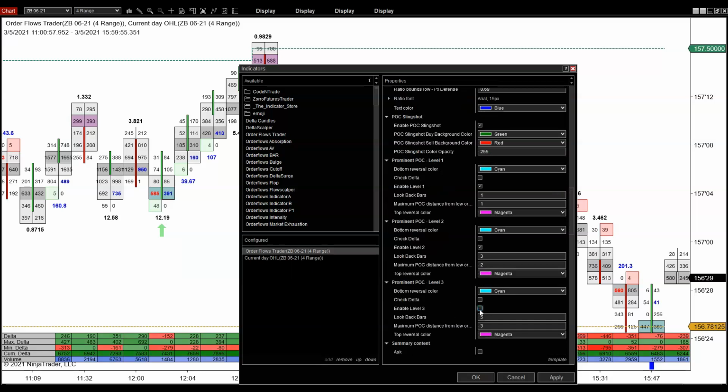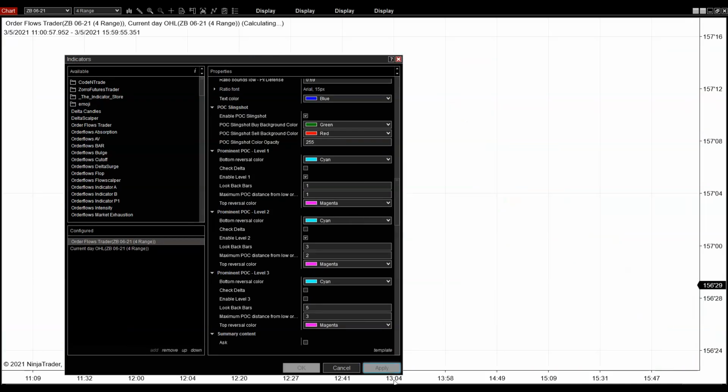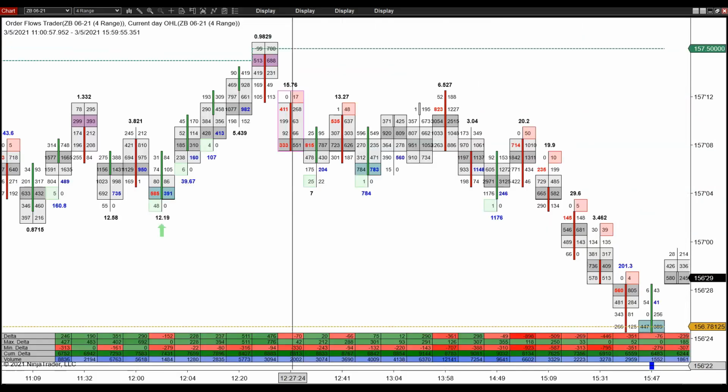I'm going to disable it because I'm just looking for prominent point of controls that appear in the top 2 or the bottom 2 levels. If I have it set to level 3 on a 4-range chart, there's only 5 price levels, so it's going to give me a point of control in the middle as a prominent point of control, which I don't want, because that's not a prominent point of control by definition. But it's reading the levels in the bar.